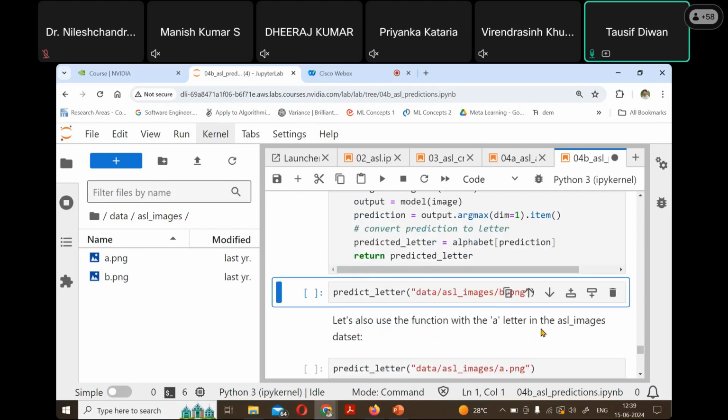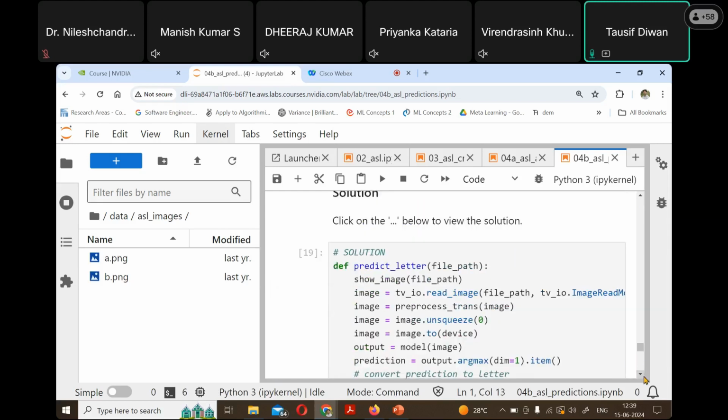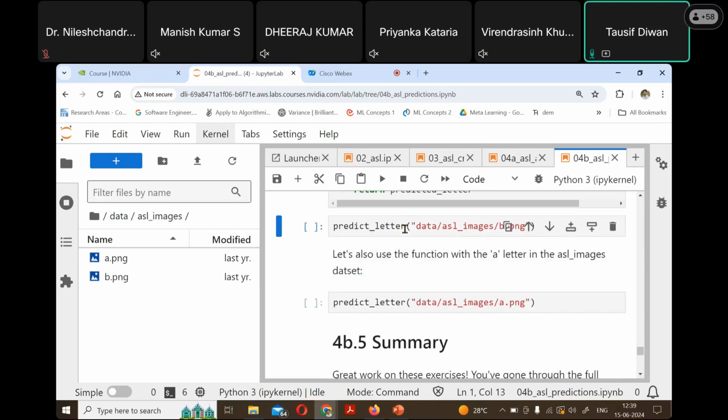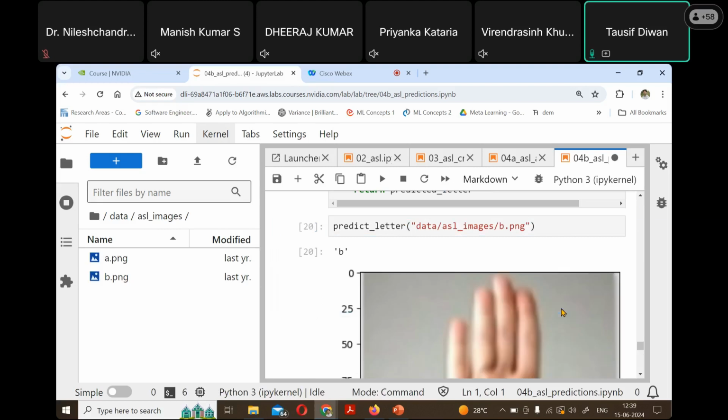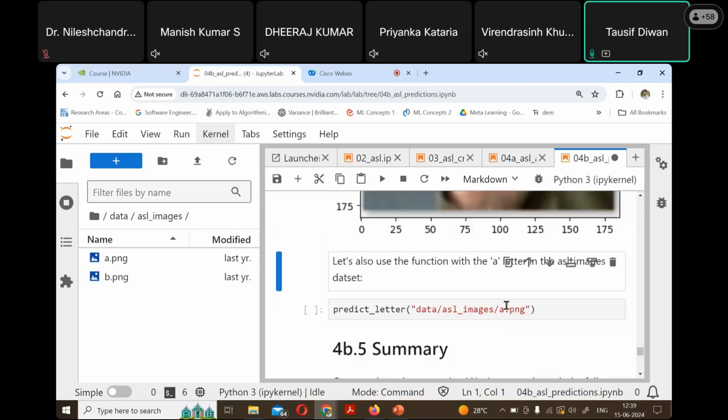Just see. After that, we can pass both of these, like a.png and b.png. Just call this function predict_letter. So we are calling this function predict_letter. First we are passing b.png, and the second time we are passing a.png. This was my original colored image.